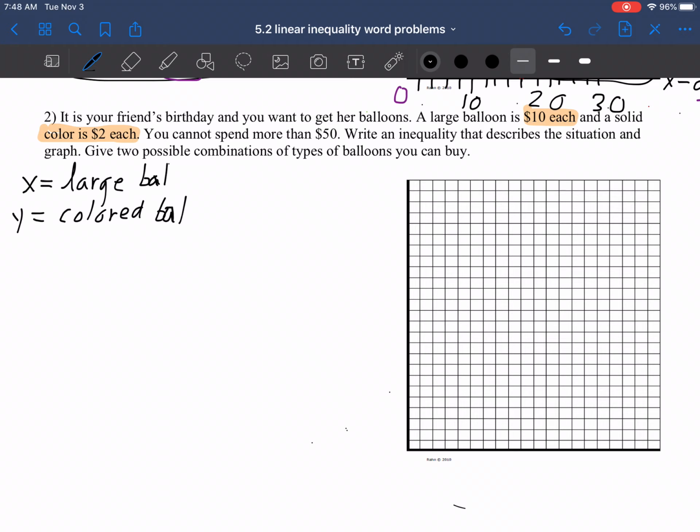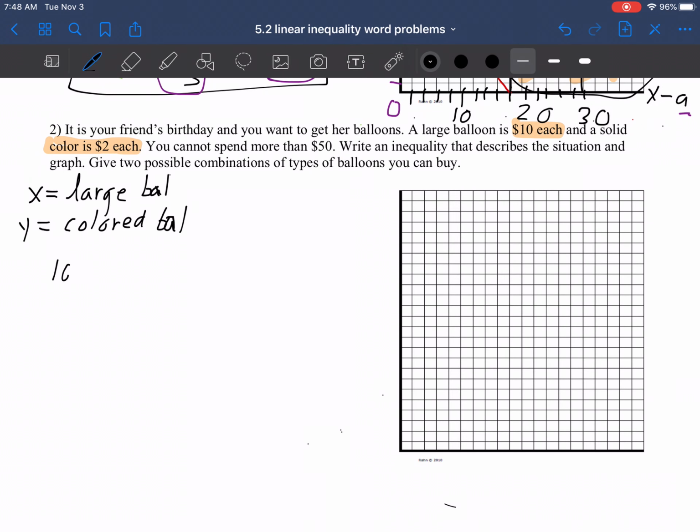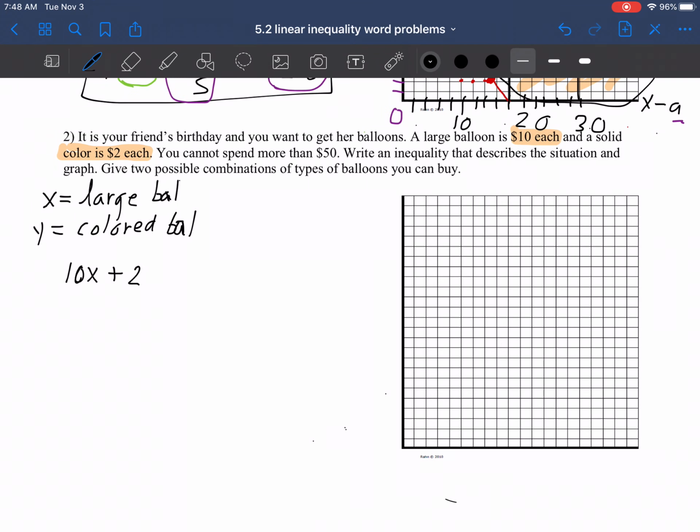So if that's the case, you know that if I spend $10 on each large balloon, and I add up the cost of $2 for each colored balloon, it says I cannot spend more than $50. So what can you spend? You can spend 49, 48.